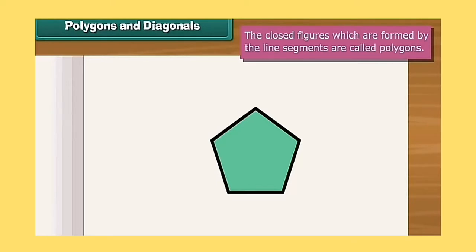And the point where two line segments are meeting each other, where one line segment meets another line segment, those points are called the vertex. And one line segment is called a side.